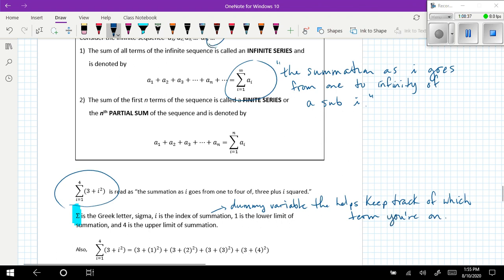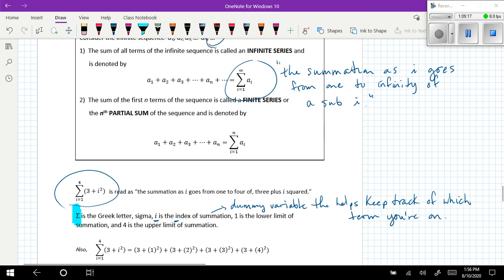It can be any letter, really, but when you look up the definition of summations, they definitely use an I, and it does stand for index of summation, so we will originally start with an I, although you could use a K or a P or a T or an R, any letter you feel comfortable using, even an N, which is kind of weird because we really like the N to go up on the top, but if N is not being used up on the top as your upper limit for your nth partial sum, then you really can use the n, again, because it's not defined for anything else, as your dummy variable that can represent the index of summation.